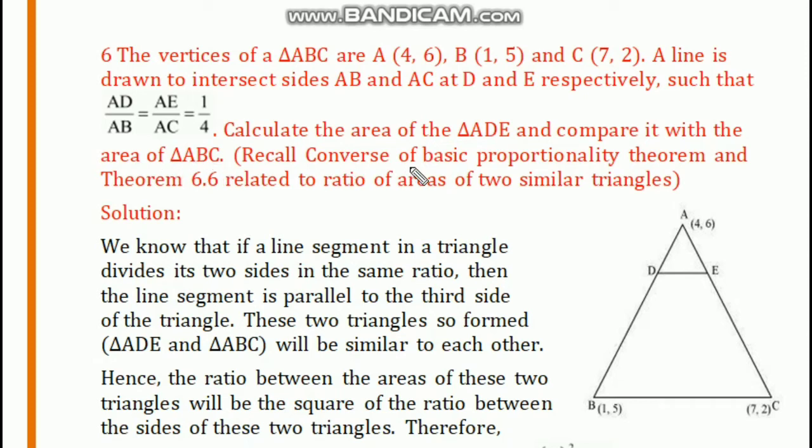So recall the converse of the basic proportionality theorem. First we must know the converse of the basic proportionality theorem. The theorem says this: if a line segment in the triangle divides two sides in the same ratio, we can say that this line segment is parallel to the third side.